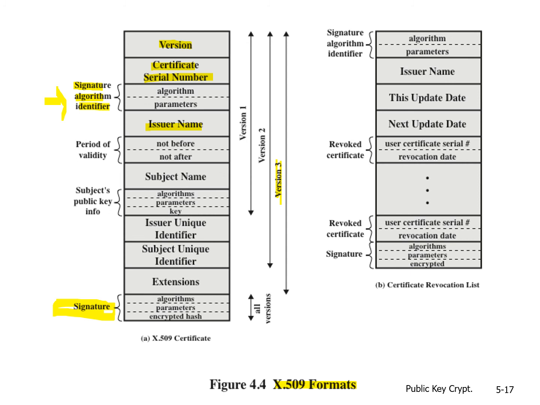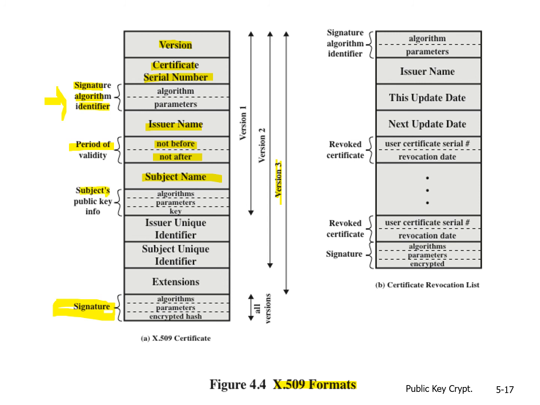And the issuer name, this is the trusted third party's name. And the valid period. This certificate is only valid from this time to this time. And then the subject name, the owner of this certificate.